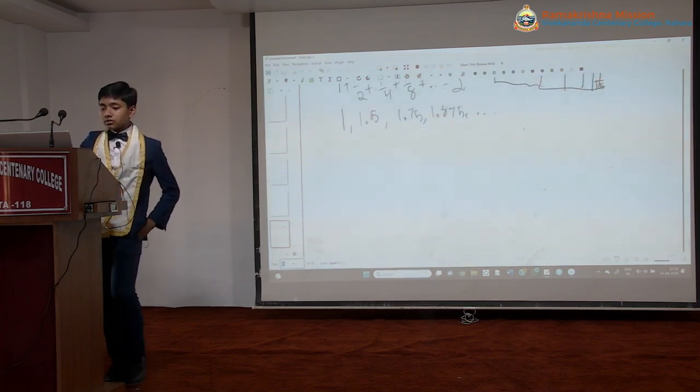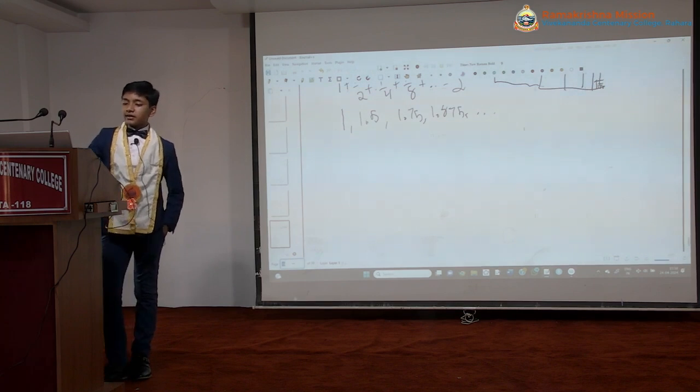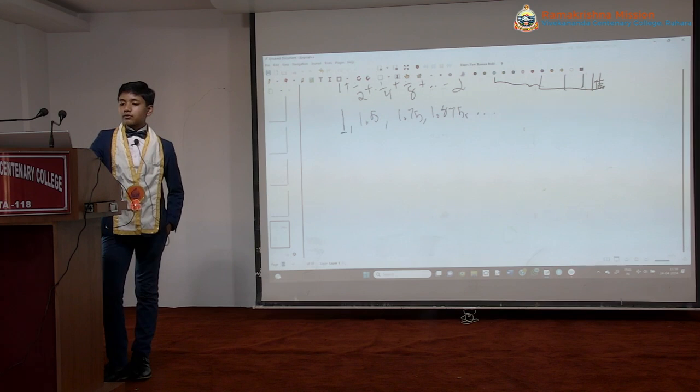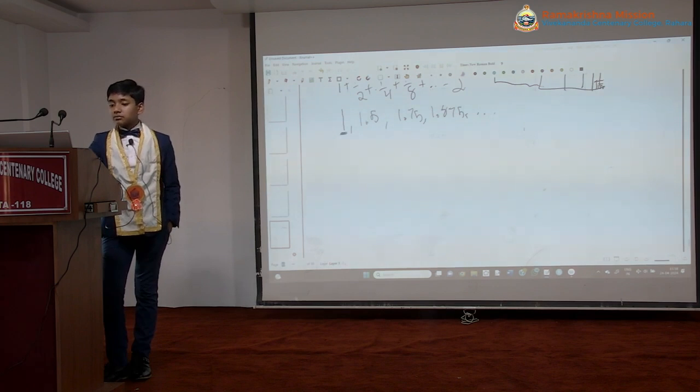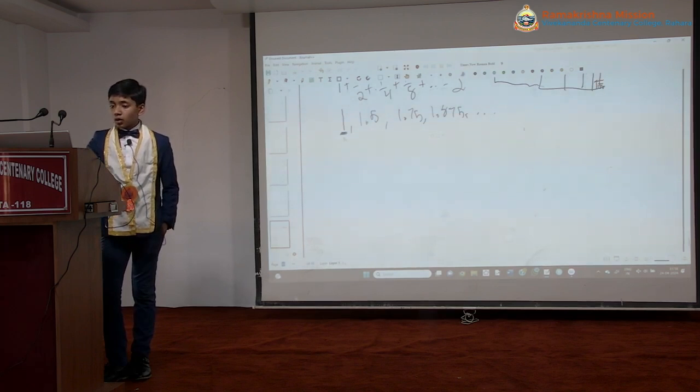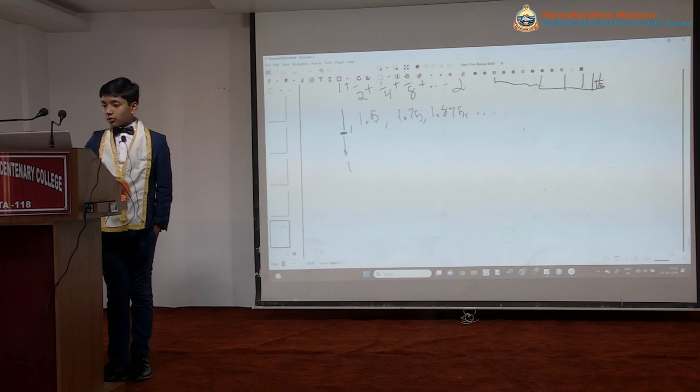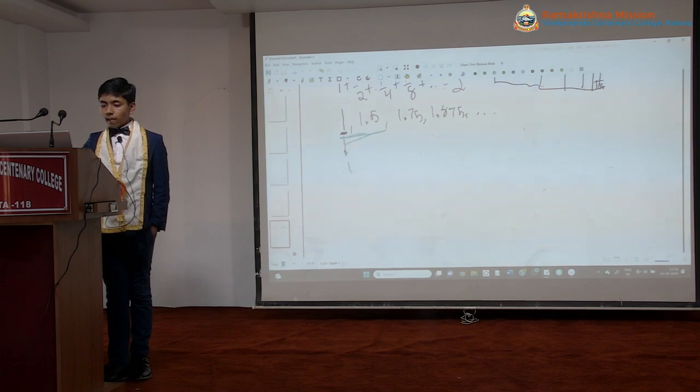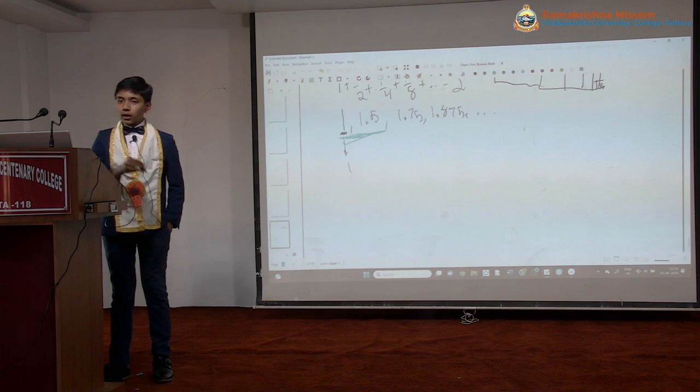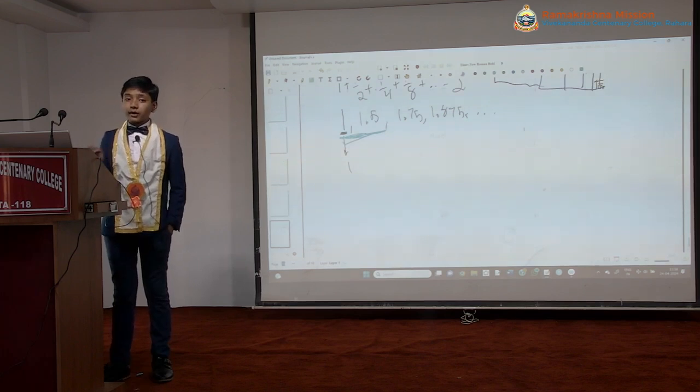But now, let's take the mean of the partial sums. For example, the mean of just the first partial sum is going to be 1, because it's 1 divided by 1. But what about the mean of the first two partial sums? Well, the mean of these two is 1 plus 1.5 divided by 2.